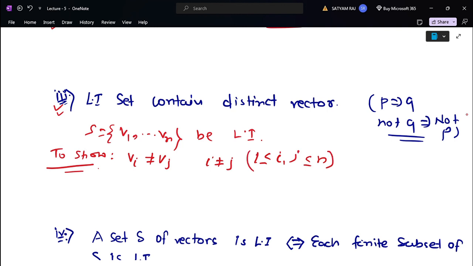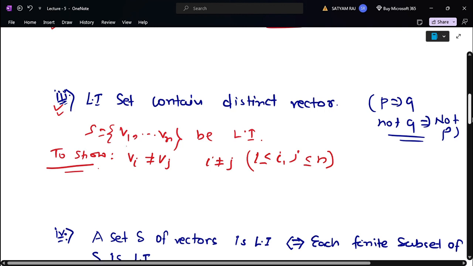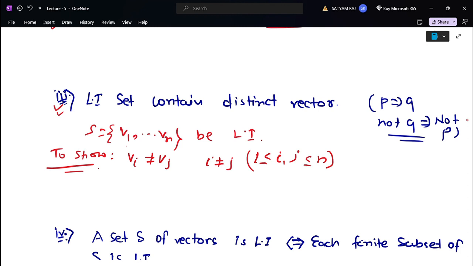If we are able to show that not distinct implies not LI, then we are done. P implies Q: if we show not Q implies not P, this will hold.